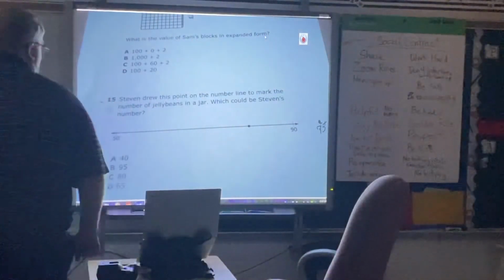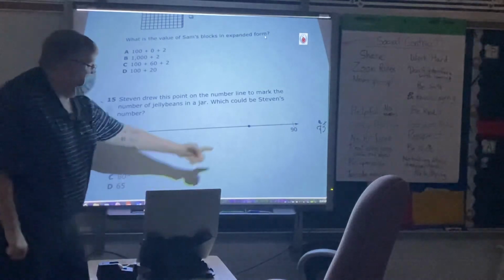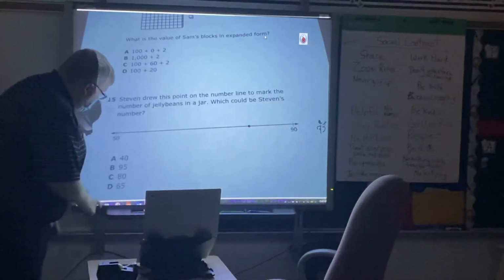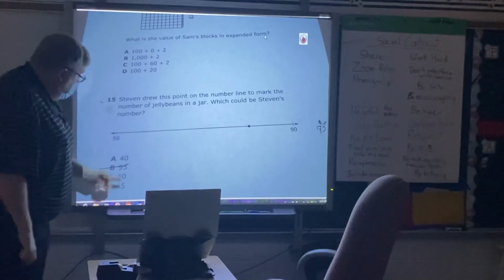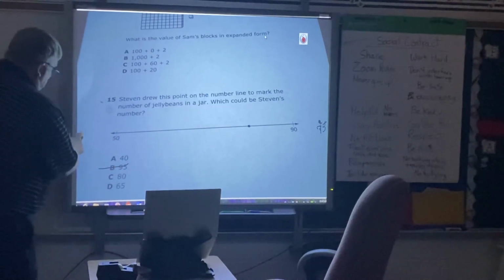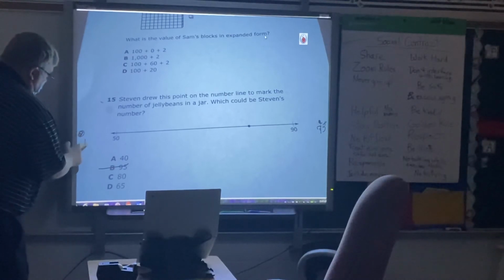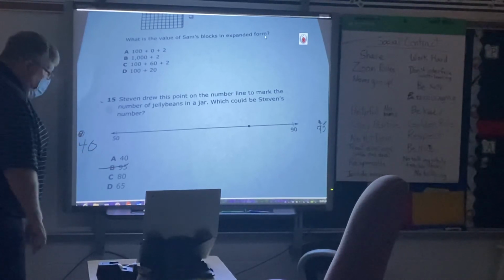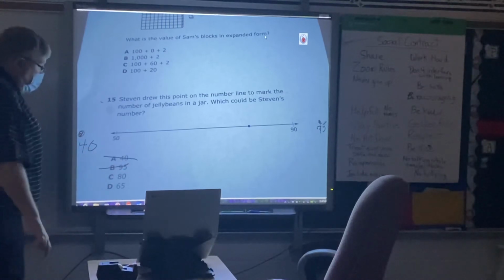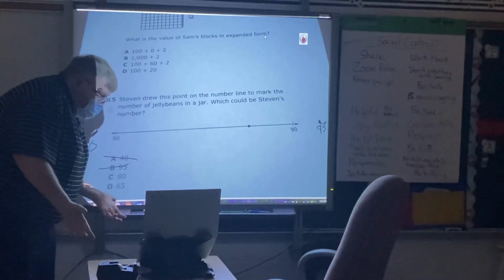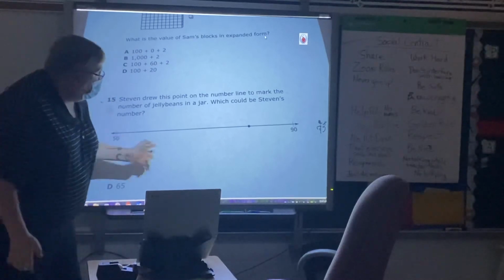So 95 has a problem because it's way off the number line. So therefore, B is out. Option A says 40. Well, 40 would be off the grid over here. It'd be off the number line. So A and B are my silly answers because they're off the number line. It has to be on the number line.